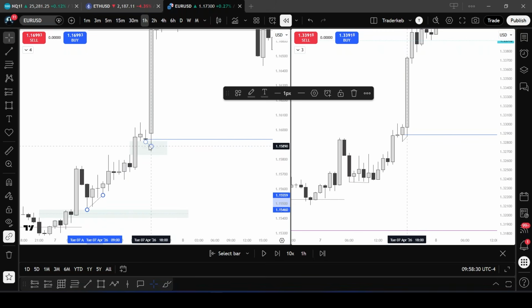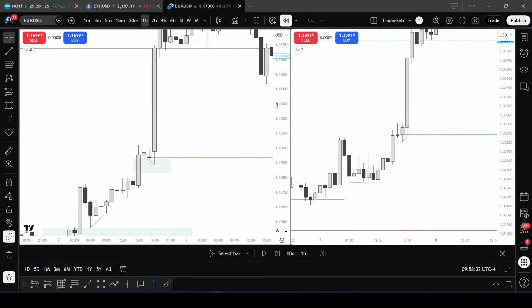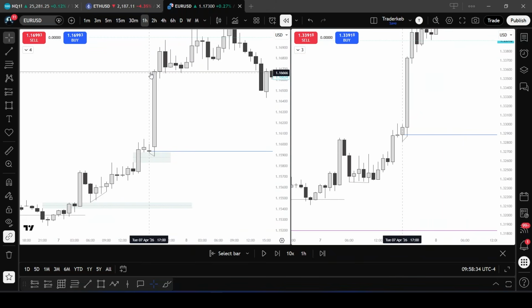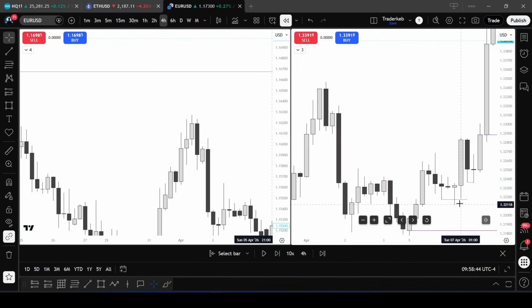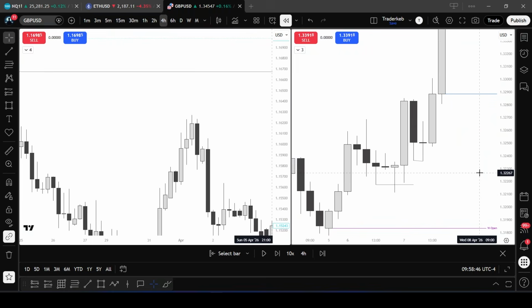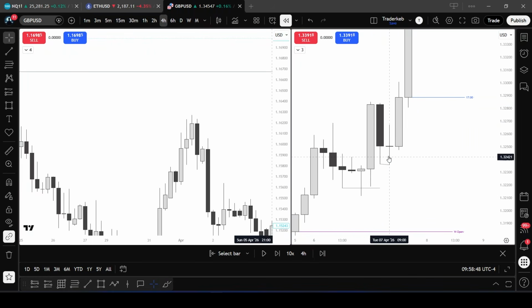After we formed that SMT, that's where we had this huge delivery into our draw on liquidity. You see how these things repeat every day, right? So we have the initial manipulation here, form a lower low, go back on the 4-hour time frame so you can see it perfectly. So we had this fair value gap, right? So we manipulated it and the next candle expand.